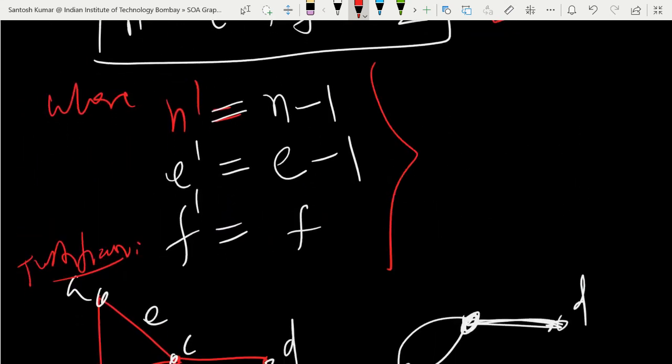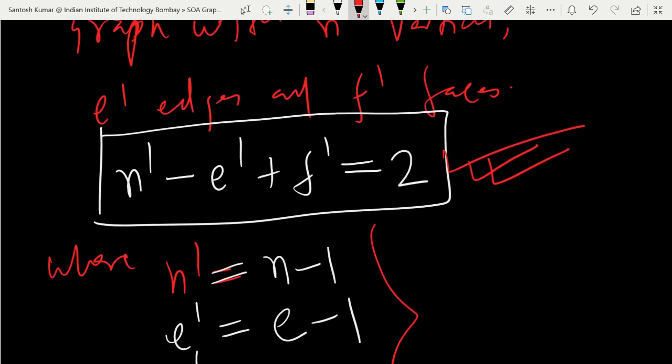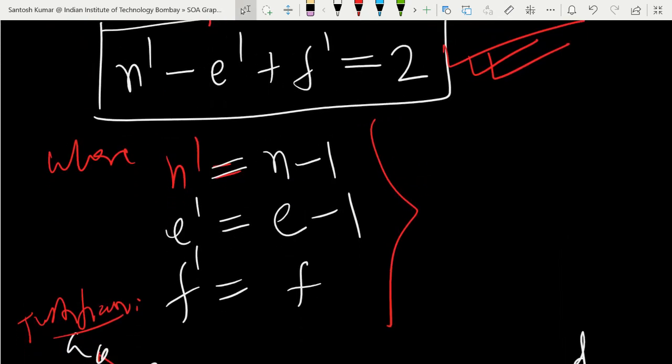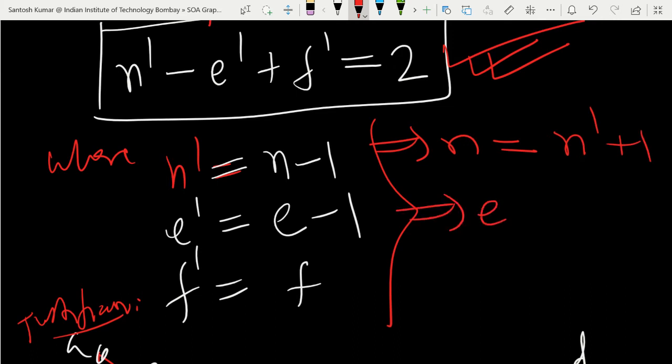So we assume this result holds for n dash minus e dash plus f dash is 2. Let me find the value of n from here, so it is n dash plus 1. Let's find the value of e from here, e dash plus 1, and the value of f, it's f dash. Why are we finding this? Because I will use this step to prove the third step.